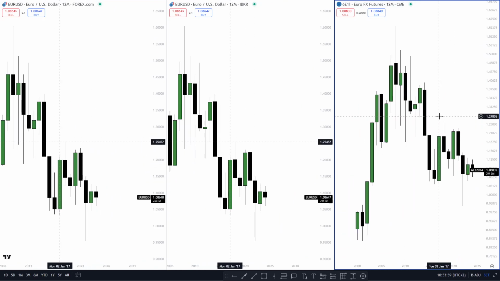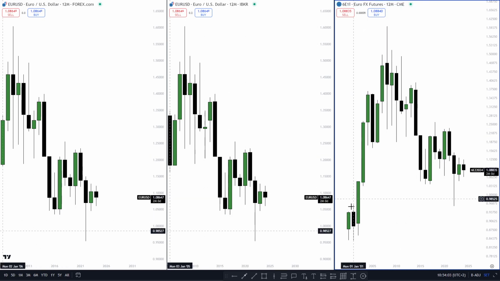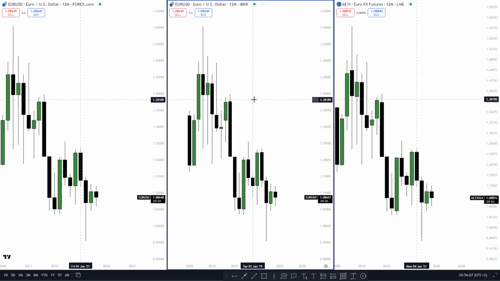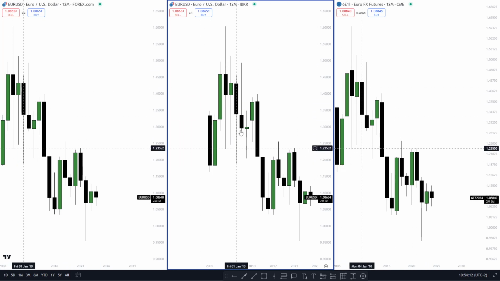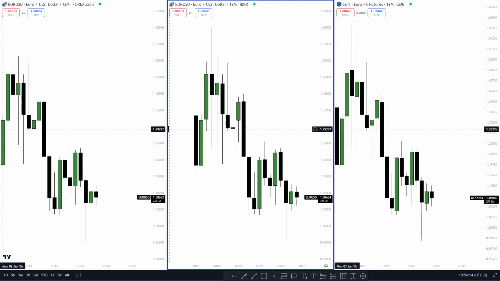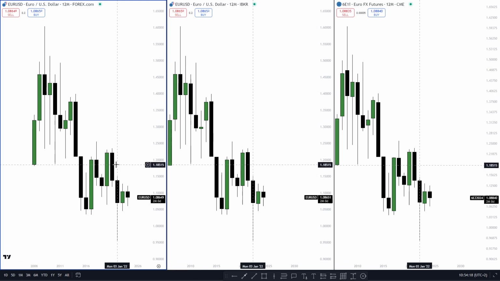here, okay, look how many data you have. You have till the 2000, okay, that's all the data you got. IBKR gives you from 2005, and Forex.com gives you from 2006.